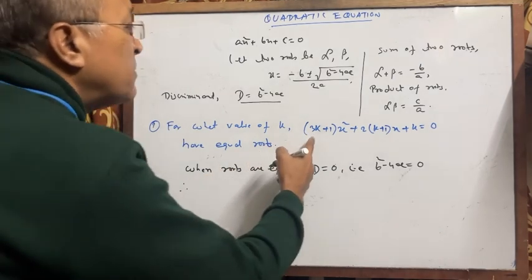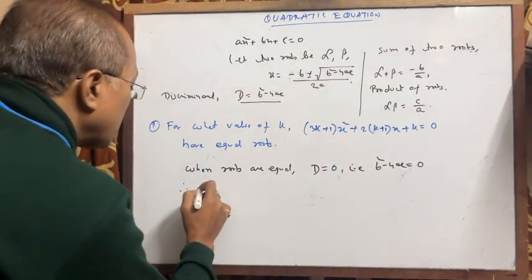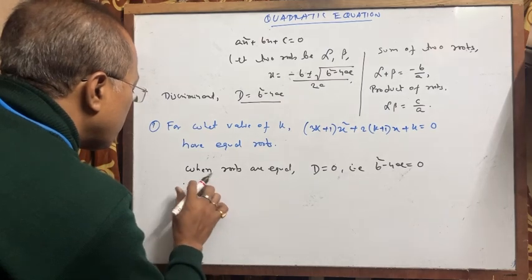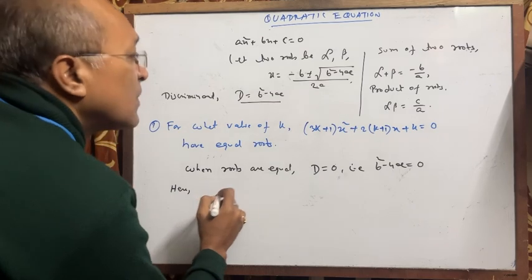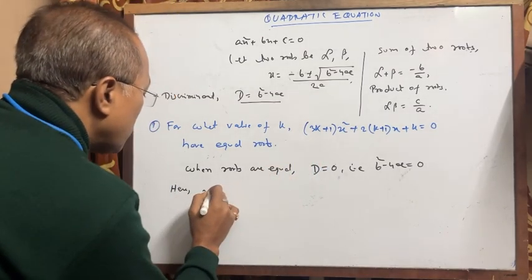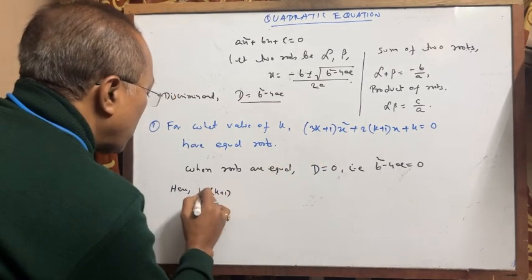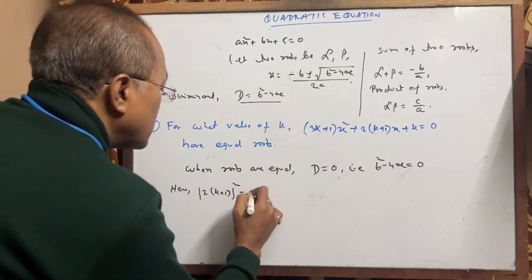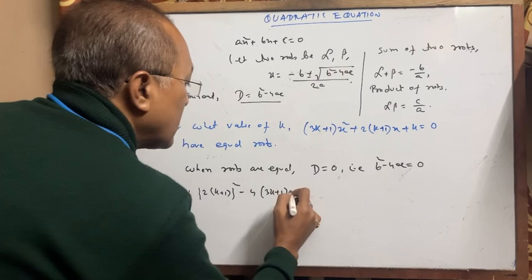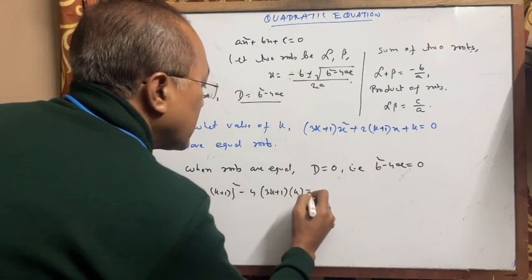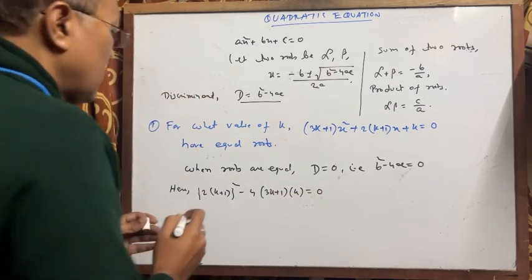Therefore, here b means 2 into (k plus 1), whole square, minus 4, and a is 3k plus 1 and c is k, that is equal to 0.